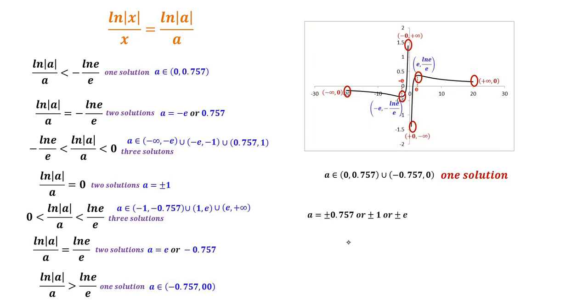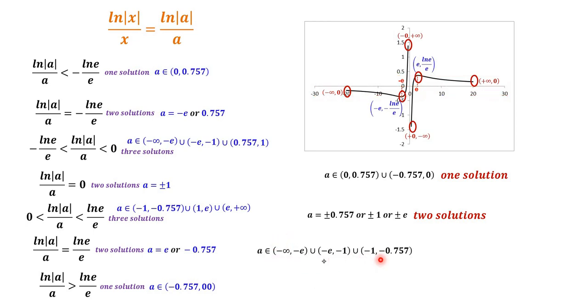So when A is equal to positive or negative 0.757, positive or negative 1, positive or negative E, so this straight line, there are two intersections and two solutions.